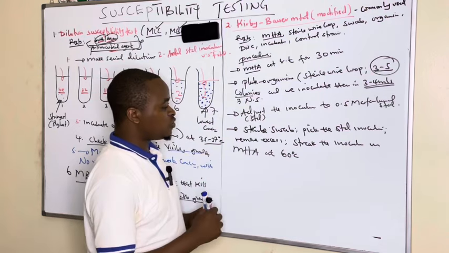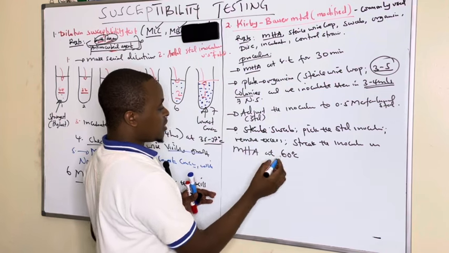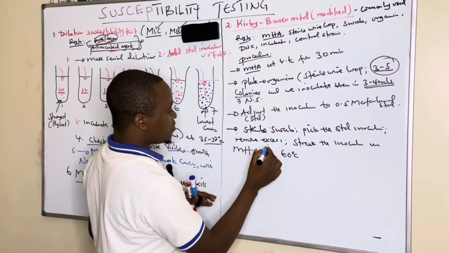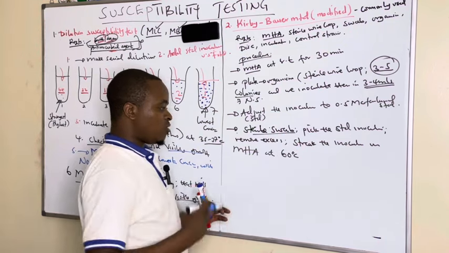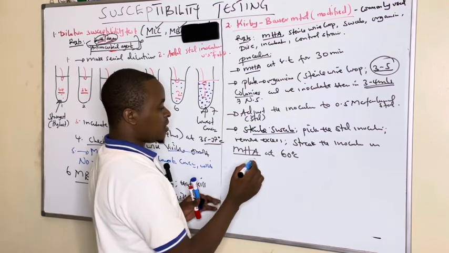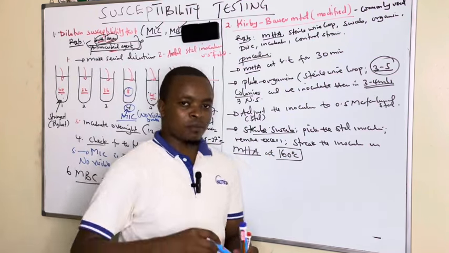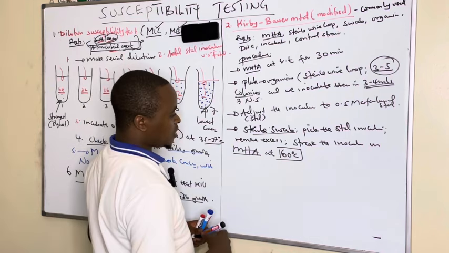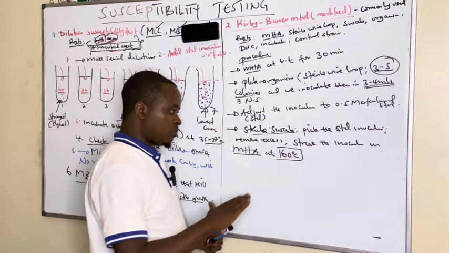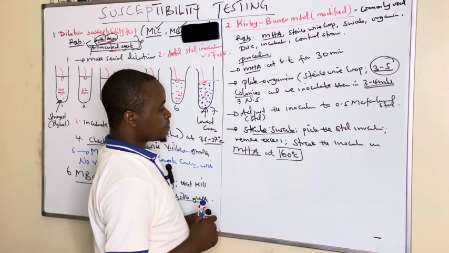And after we have inoculated, this is the process of inoculating. After inoculating using a sterile wire loop or a sterile swab, evenly all over the Muller Hinton agar, we normally hold the swab at an angle of 60 degrees until all of it is streaked all over, to make a smooth, evenly distributed streaking.